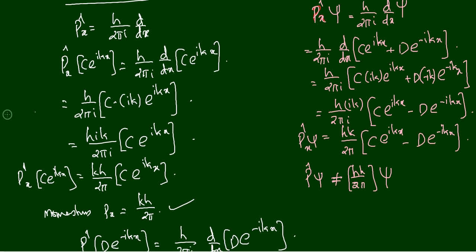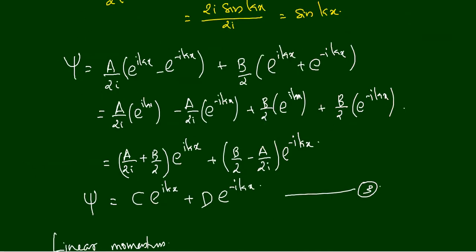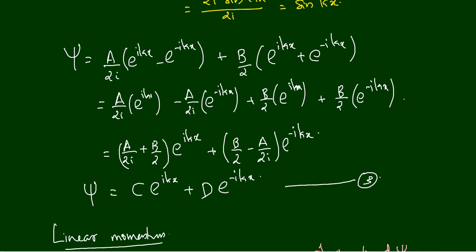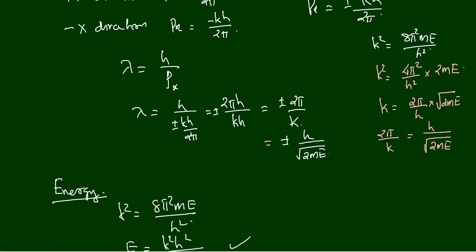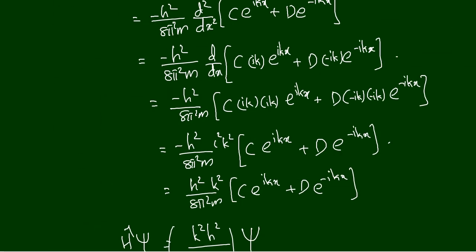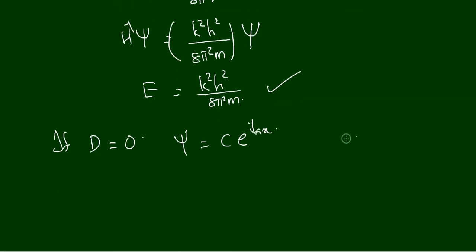We have a momentum value plus kh divided by 2 pi, and that corresponds to a wavelength value of plus h divided by root of 2mE, that we have done here. So when d is equal to 0, this corresponds to a wavelength which is equal to plus h divided by root of 2mE.